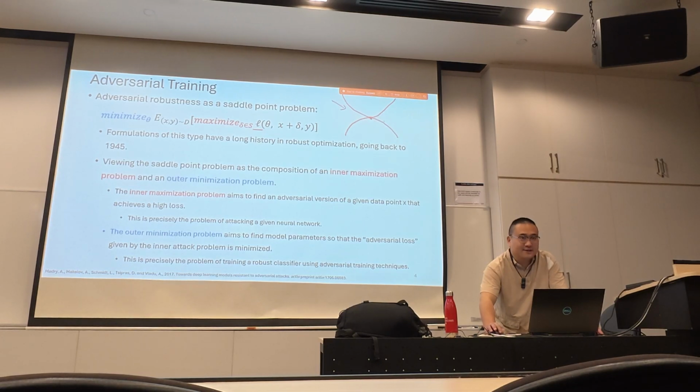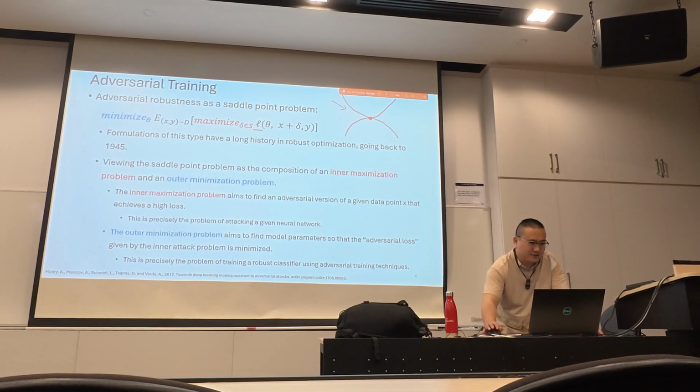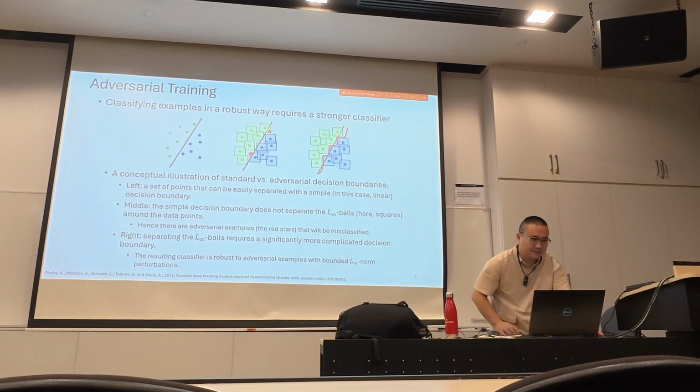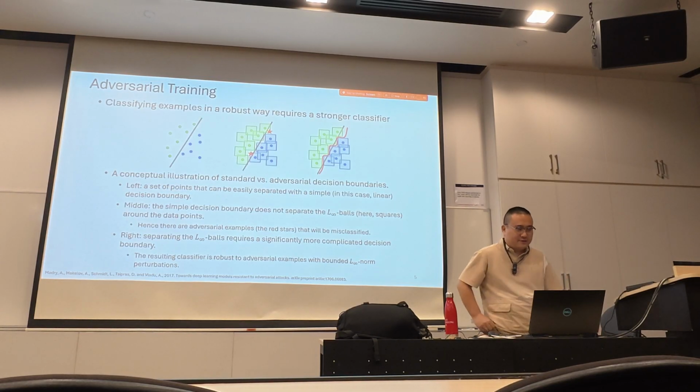And at the end, we will reach the saddle position where no one can proceed anymore. The attacker cannot increase the loss anymore, and the defender cannot decrease the loss anymore. That's why we can consider adversarial training as a saddle point problem.